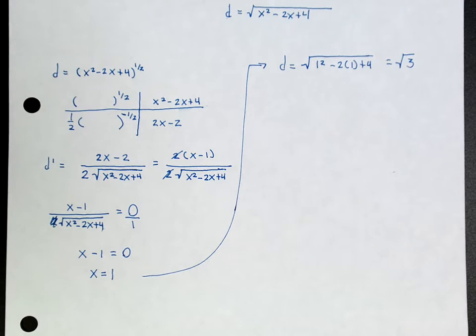All right, that's it. Now, if I want to find out, let me think about this for a minute. Well, I guess that's the shortest distance. What else do I need here? Do I need anything else?